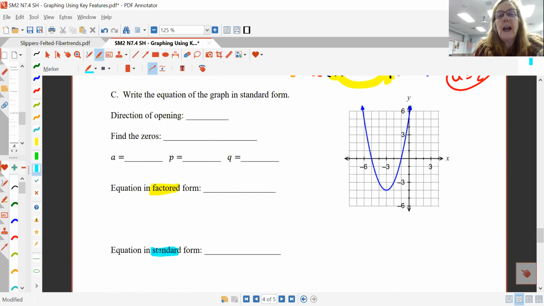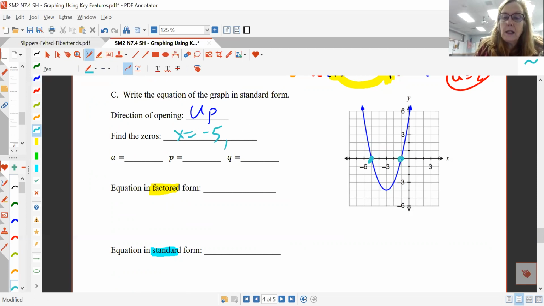You cannot find standard form directly, generally, okay? So you start with your factored form to get to standard form. So zeros are here at -5, and here at -1. So my P value is -5, and my Q value is -1.